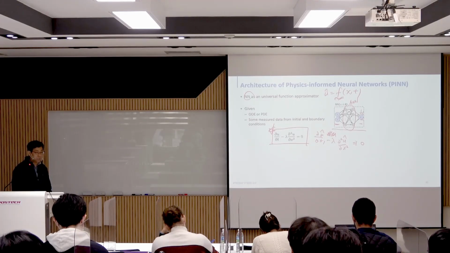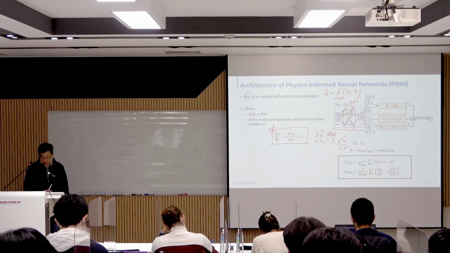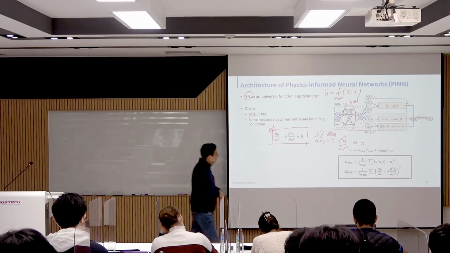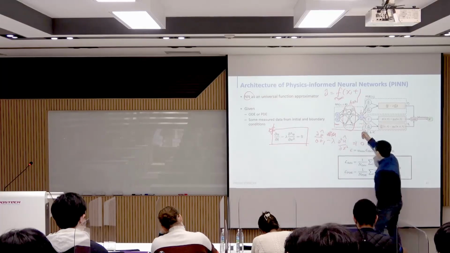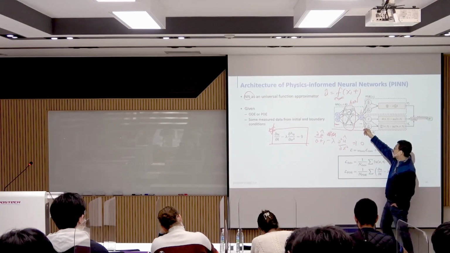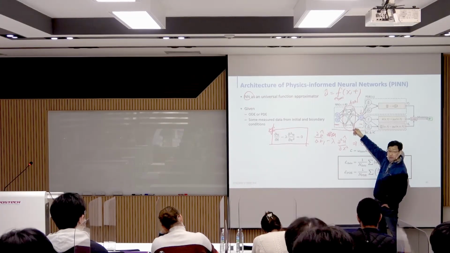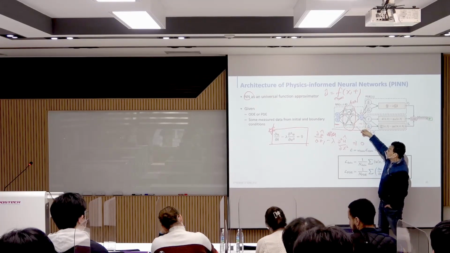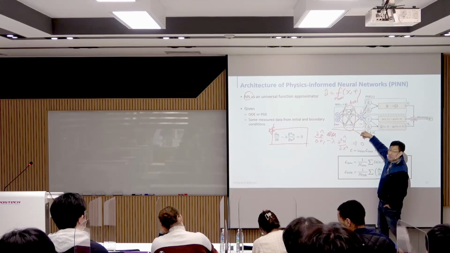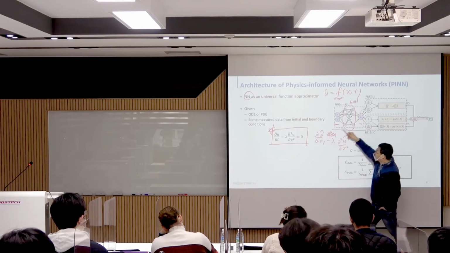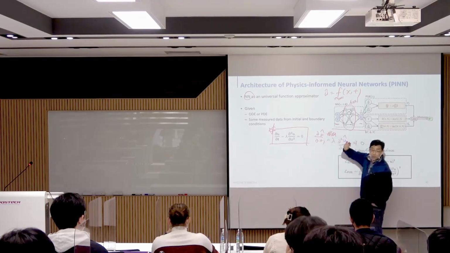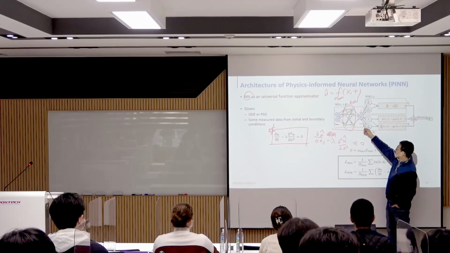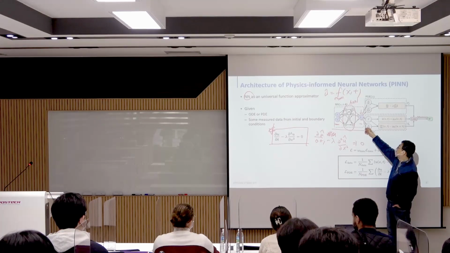How? That's the question. So again, u hat is the output of the neural net, and x and t are the input. Since this is a universal function approximator, we're hoping that u hat is eventually going to be the same as u, but during the training process it's going to be different.